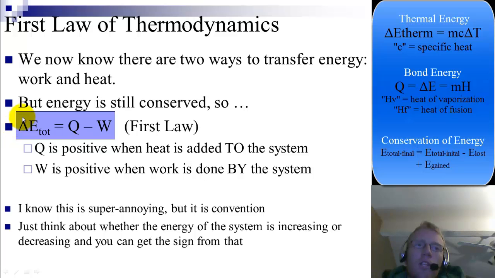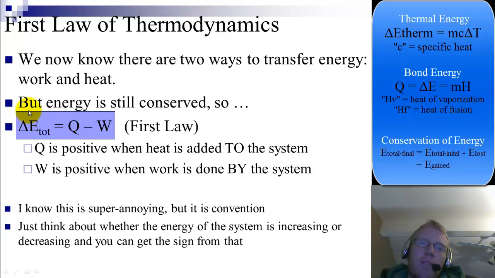So here's the equation. The total change in energy is equal to Q minus W. Now, you might be wondering, why isn't it Q plus W? It's a fantastic question. For some odd reason, Q, the heat flow, is defined to be positive when heat is added to the system. Okay, that seems pretty reasonable. That makes sense to me. So if Q is positive, the energy goes up.